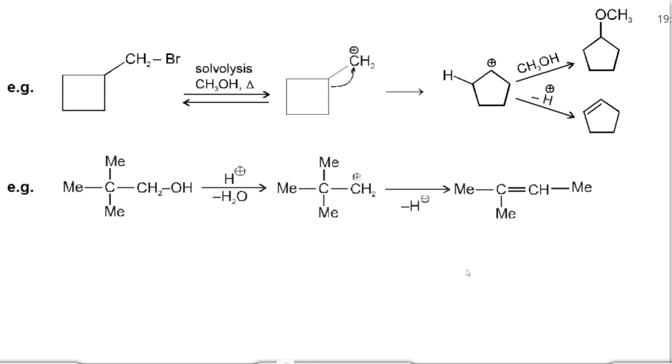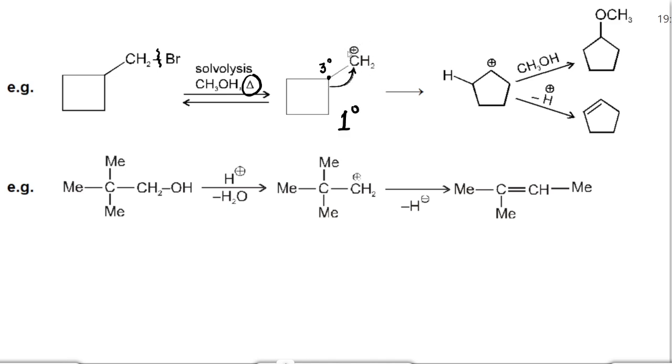Again, here it is a primary alkyl halide, but again methanol solvent, and heat is also required, because here we need the breaking of the bond, and therefore carbocation is formed. When carbocation is formed, it is a primary carbocation actually, and it is attached to a tertiary carbon, and therefore there is ring expansion.